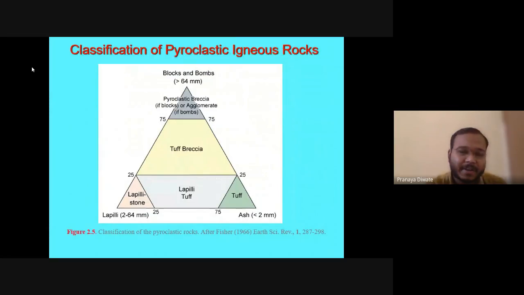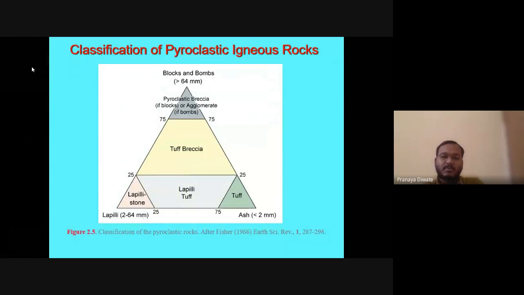When you have aphanitic, then you have pyroclastic material. What is pyroclastic material? What we already saw in the first part. Pyroclastic materials are those materials formed from ash.